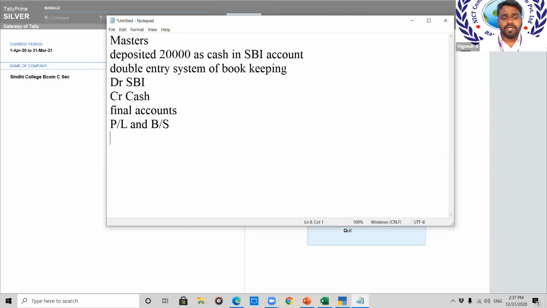In the sense, if I say I have a machinery, in which report can I find machinery, whether in the profit and loss account or the balance sheet?